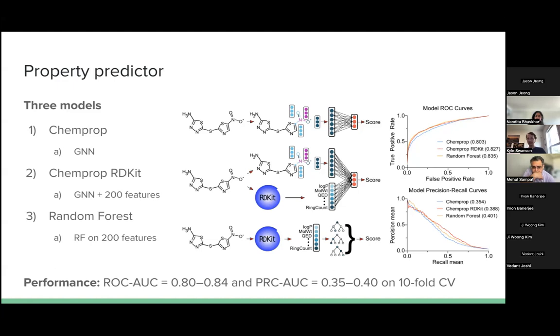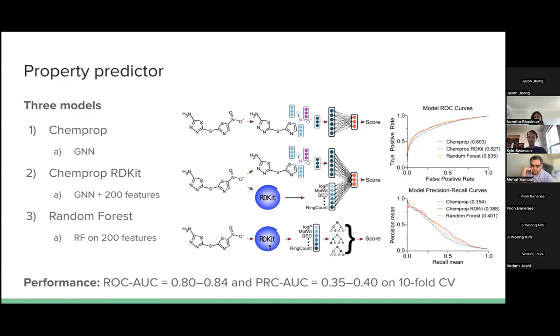But I think one fascinating thing that we discovered is that despite the fact that the performance on the training set is extremely similar, as you can see in these curves, the models are actually looking at slightly different characteristics of these molecules. Again, maybe the graph neural network is looking a little more locally, RDKit is looking a little more globally.